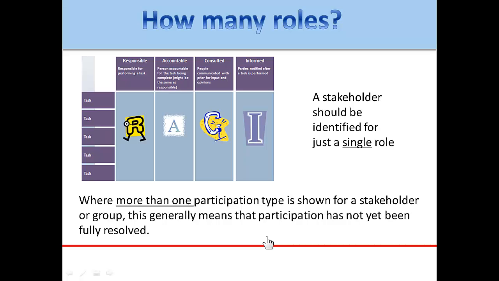And it's often an indication that you, the project manager, need to do some more negotiation and discussion in order to clarify what the roles of those people who are showing up in a couple of different columns have. You need to have some kind of better clarification before you move forward.